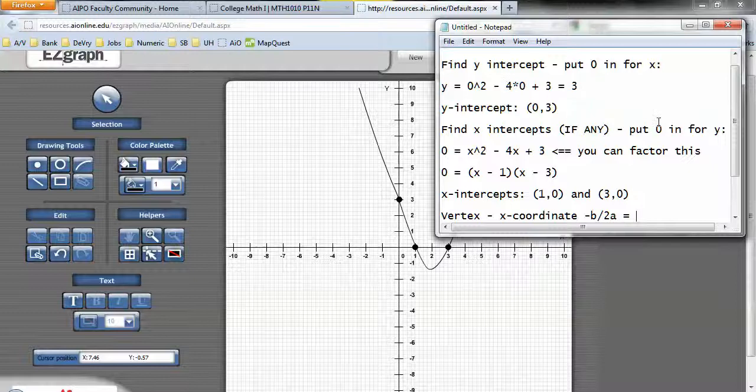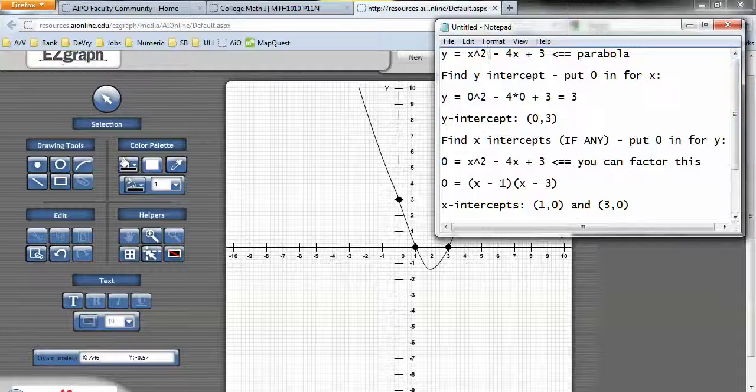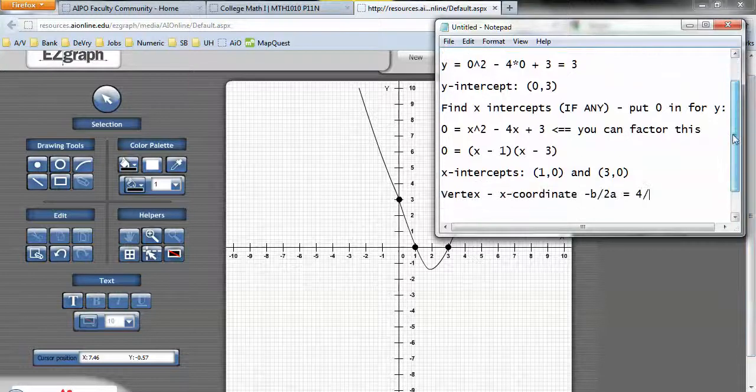It's minus 4, so minus b would be 4 divided by 2a. What's the coefficient of the x squared in this problem? 1. So we divide that by 2. 4 over 2 equals 2.